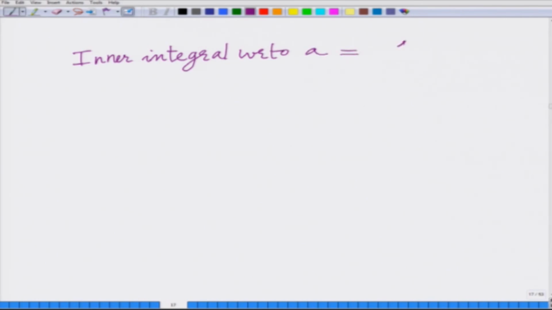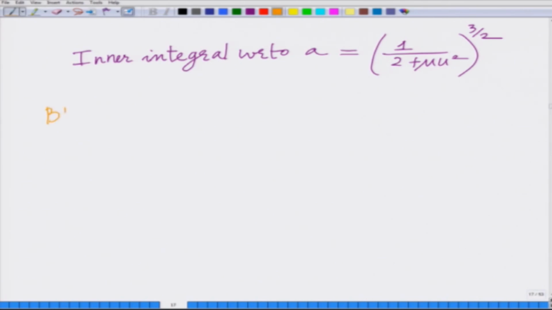So, the inner integral with respect to a is equal to 1 over 2 plus mu u square raised to the power of 3 by 2. Now, let us evaluate the outer integral with respect to u.